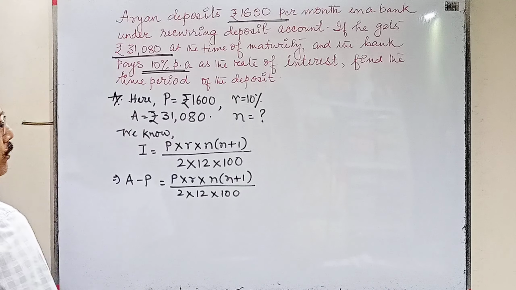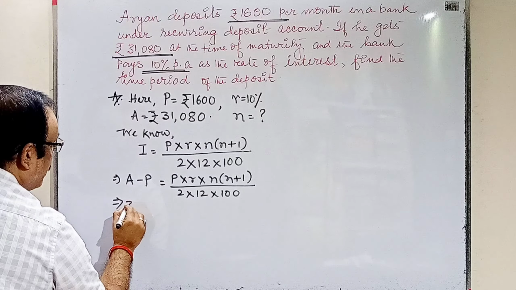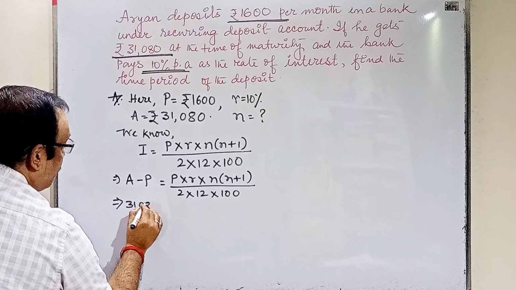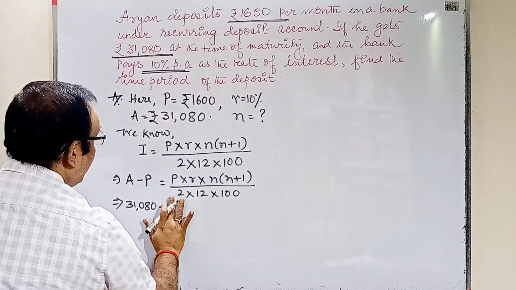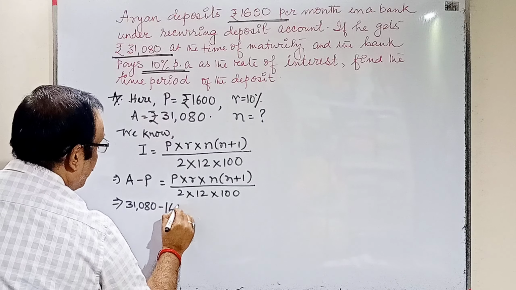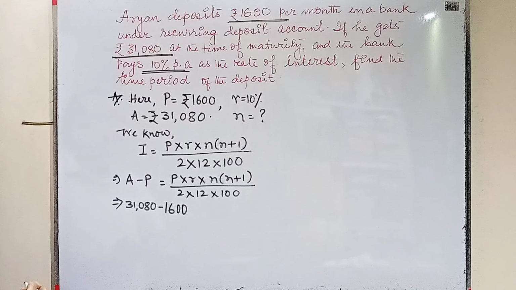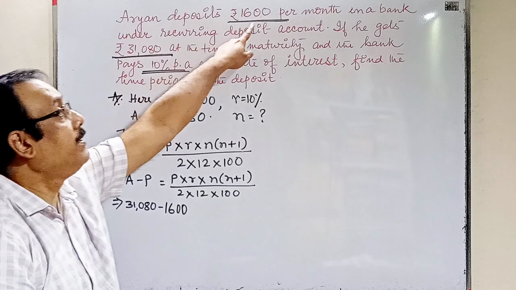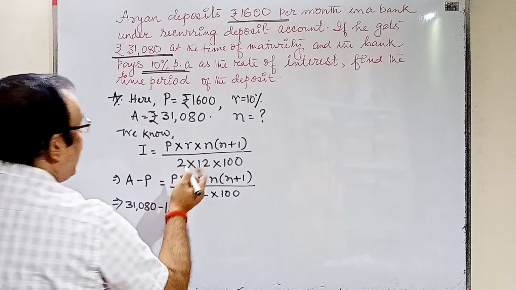So now we'll substitute the values. A is given, 31,080. Principal is given, 1600. This principal we have paid per month, for n number of months.